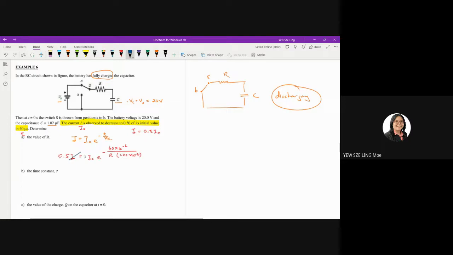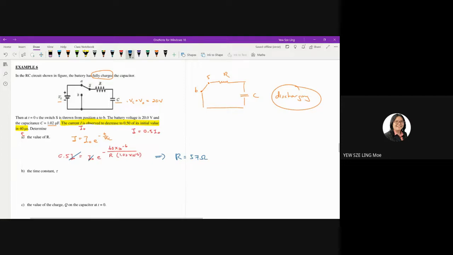I naught and I naught can be cancelled out. So rearrange the equation. Eventually, you should obtain R equals 57 ohm. Okay, 57 ohm. So 0.5 equals exponential.